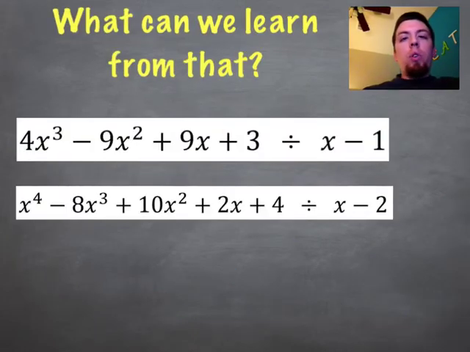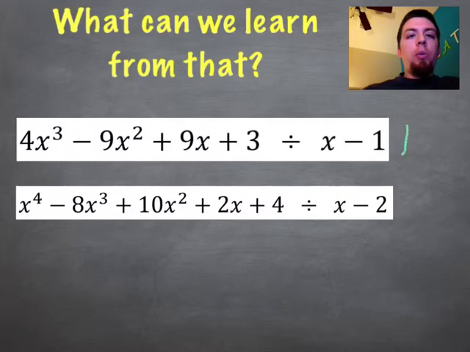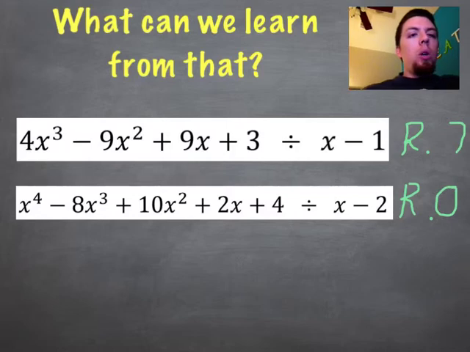Okay, so what can we learn from this? Well, there's two division problems we just did. The first one gave us a remainder of 7. The second one gave us a remainder of 0. What's more important to us is the remainder of 0. That means when we divided this polynomial by the x minus 2, the x minus 2 divided perfectly, evenly into it.